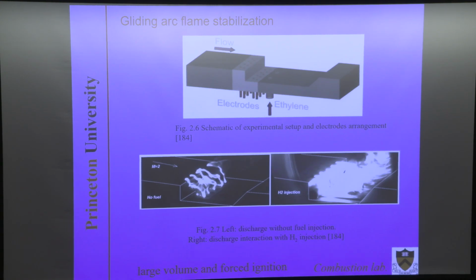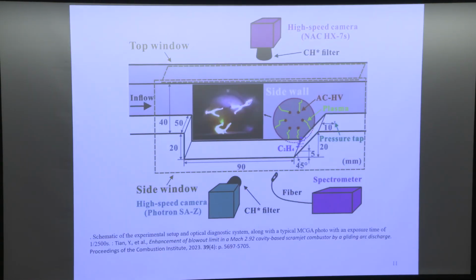It is probably several kilowatts or even more, but it can generate a very large volumetric discharge to enhance combustion. And recently, this work, probably done in China, uses AC high voltage, and probably the wall is a cathode.